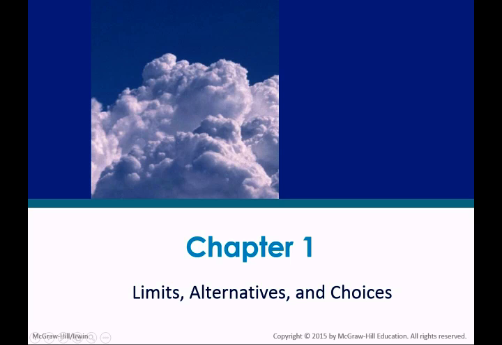And your book probably has it titled a little different, but that's okay. So let me talk about the complete definition here. We're looking at what's going to work, optimal mix, and we're looking at scarce resources, and there's unlimited wants. So what we're looking at is this mix of resources.